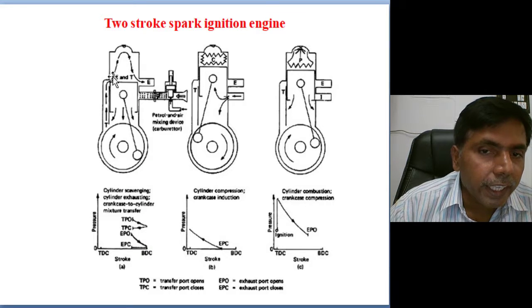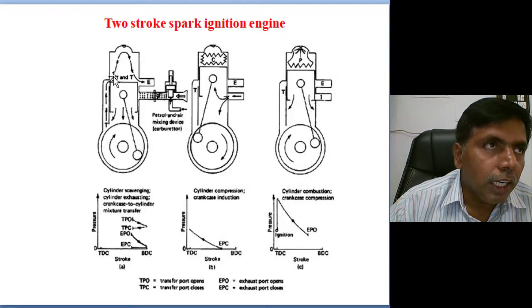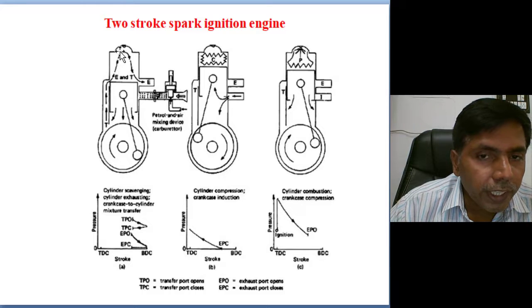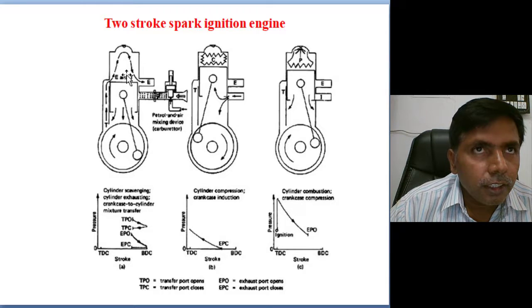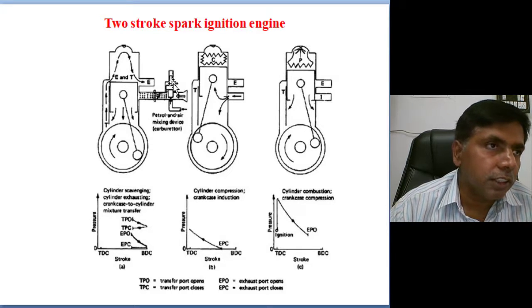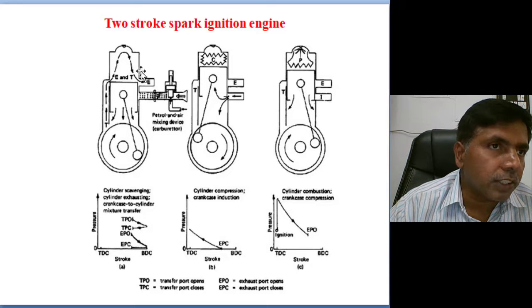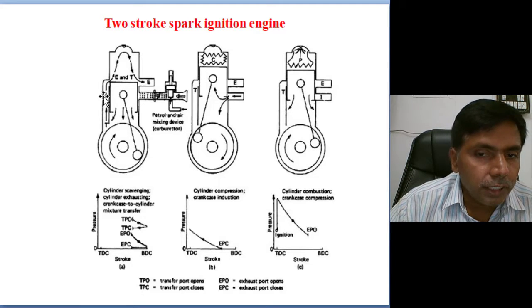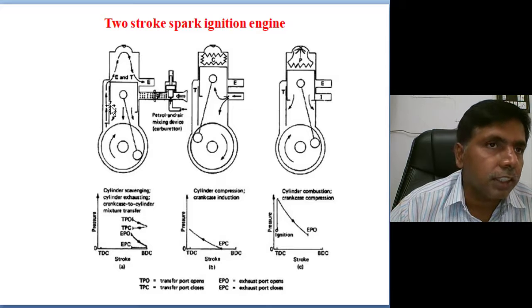While it is entering, what will it do? It will push the remaining exhaust gas out of the cylinder. It is called scavenging, meaning removal of exhaust gas by the fresh charge. This is compressed fresh charge.